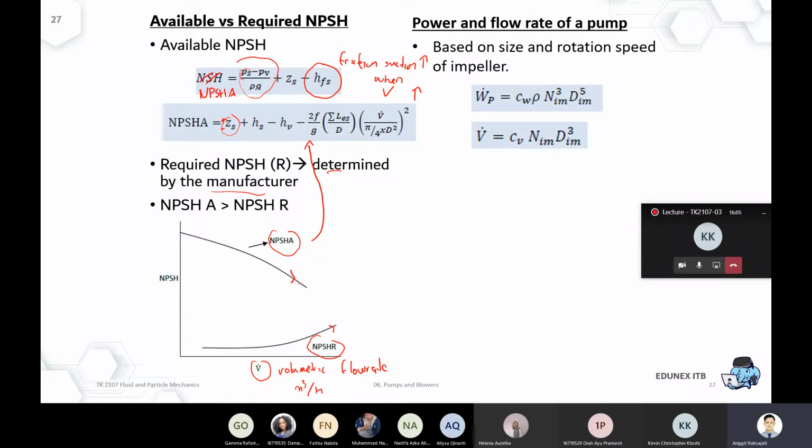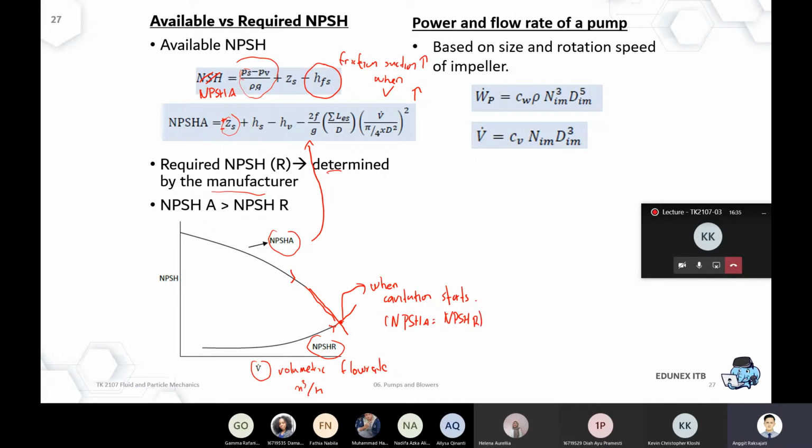Okay, so if we extrapolate this trend, that's the intersection where cavitation starts. Okay, when NPSHA is equal to NPSH required.